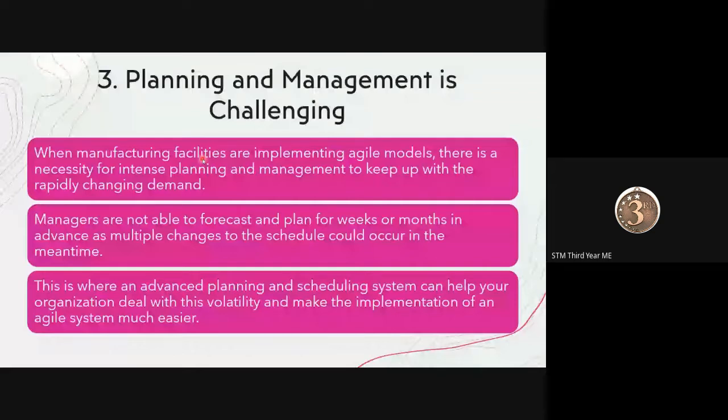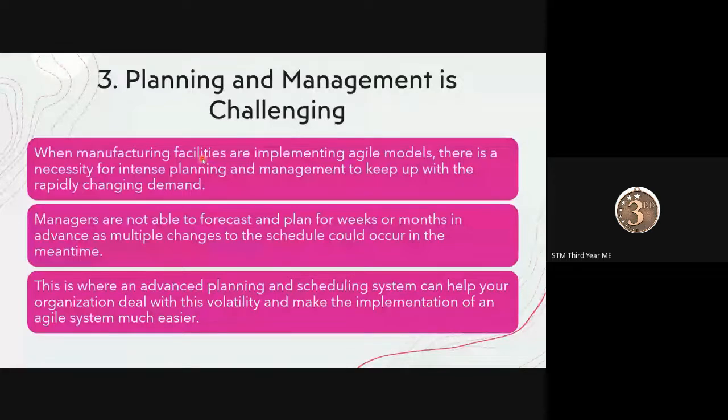It is hard because of these faster ways of doing the processes involved in manufacturing. Hence, planning and managing it is very hard. We can't use a forecasting system inside agile manufacturing, because it is an improvement of lean manufacturing, and everything is done on the basis of customer demand itself.